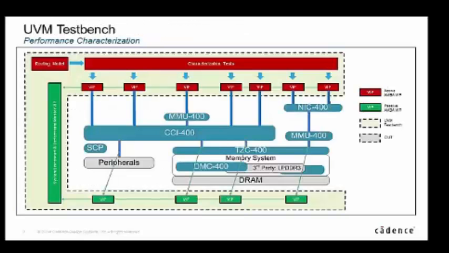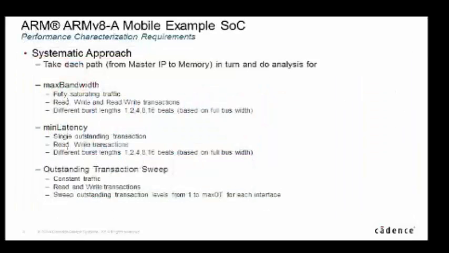So for example, ARM's AMBA Designer product will spit out IP-XACT that describes the interconnect, from a protocol point of view, an address map point of view, pretty much all the things you need to be able to automate a test bench. So from AMBA Designer, we can take IP-XACT and generate a performance test bench, or a verification test bench if you want to just use it for verifying your subsystem.